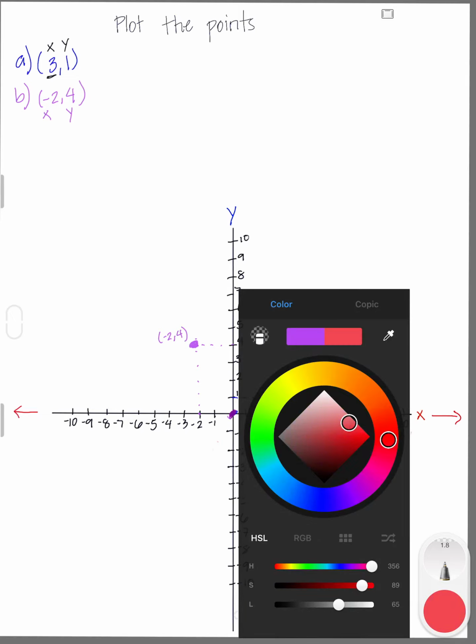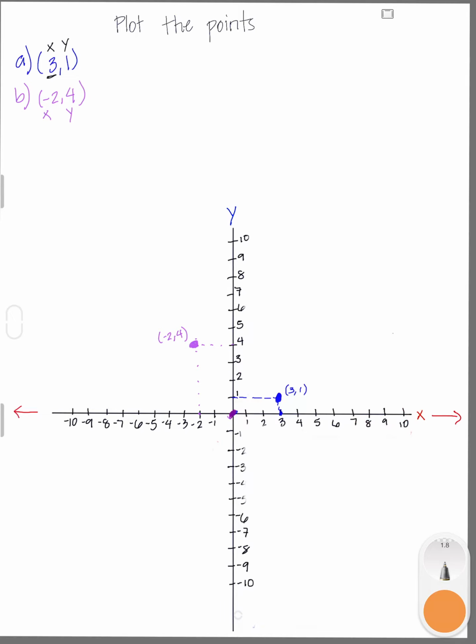Let's try another one. So this is gonna be 0, -5. Now notice how our x value is 0, right? And then y is -5. Because x is 0, that means I'm not gonna move from the origin. I'm not gonna move to the right or left.